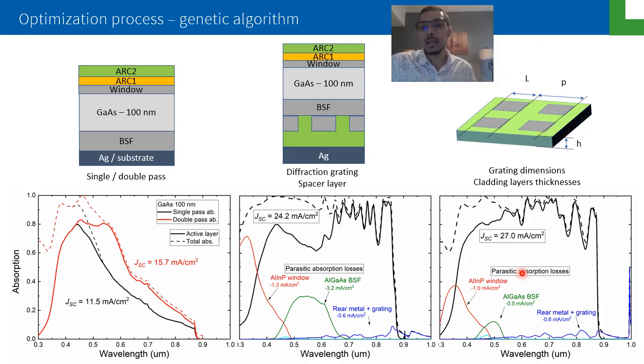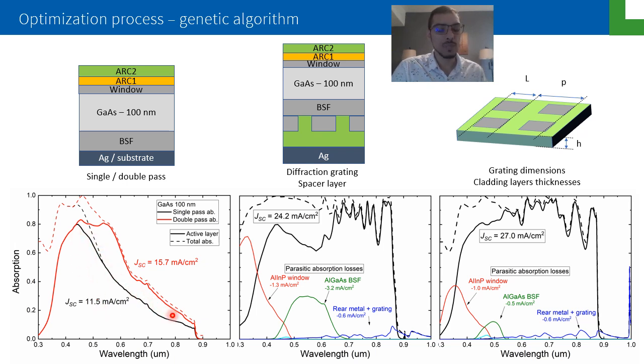Here I'm showing you the step-by-step optimization process that we've done with our structure. Starting on the left with single and double pass absorption in a 100 nanometer gallium arsenide slab, we can see in the graphs of spectral absorption that the equivalent GaAs current of the single pass is just 11.5 milliamps per square centimeter.